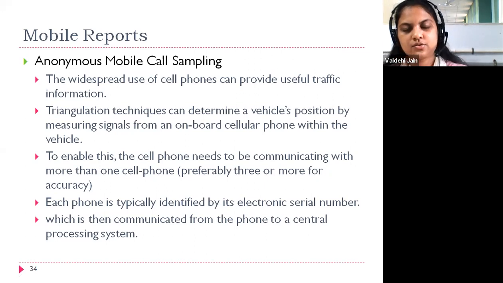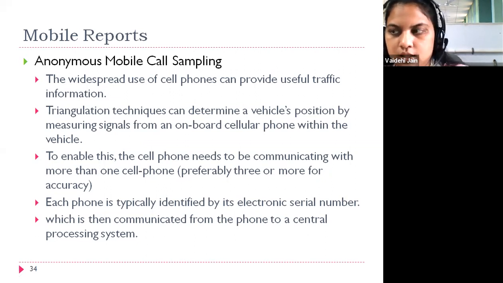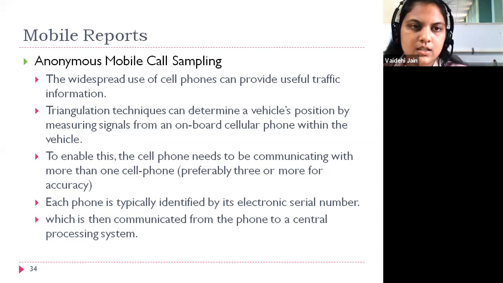So at least three cell phone mobile samples are collected, and after collection of these samples, the data will be verified that the information communicated from the center to the traveler is correct and in the required form. So by this, the mobile reports can be generated.